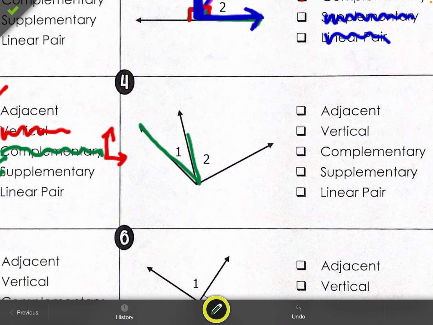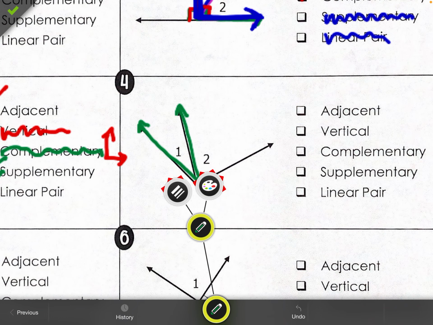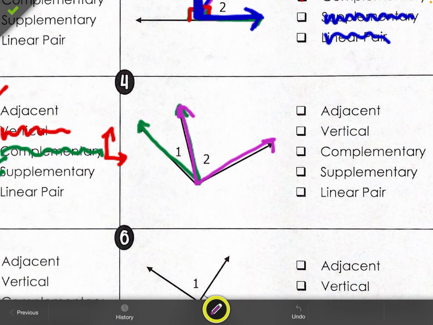So if we look at angle 1, and then we look at angle 2, and again, if you want to put the arcs, you can. First thing we want to say, are they next to each other and do they share a side? So we look at it, we say, yes, they share this side right here. That makes them adjacent.